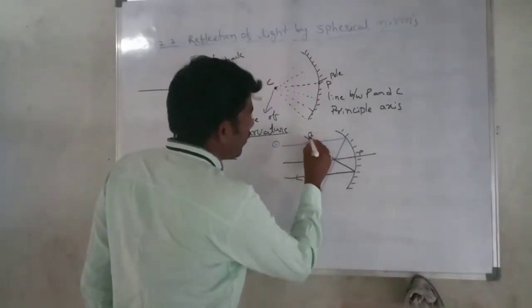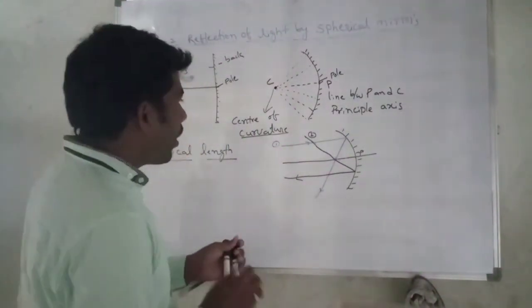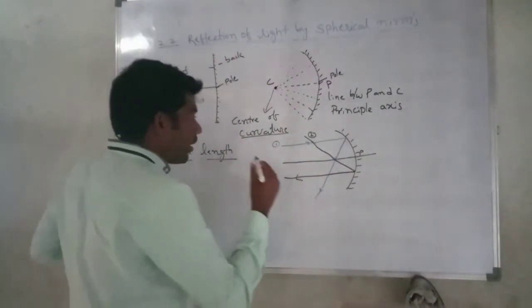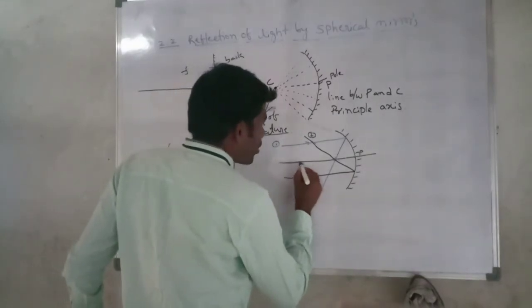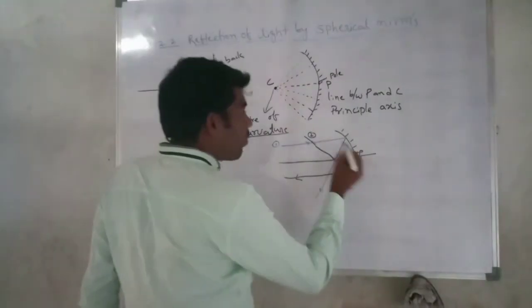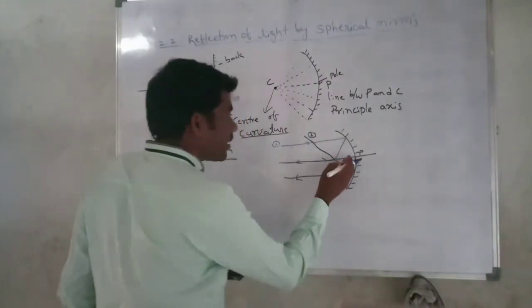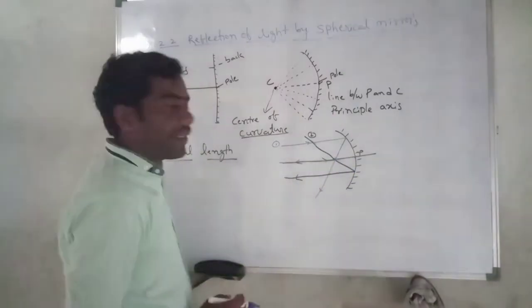This is the second one, and this is the first one. And the third thing is, if the light ray travels along the principal axis and is incident on the pole, then it gets reflected in the same direction. It means its path is retraced.